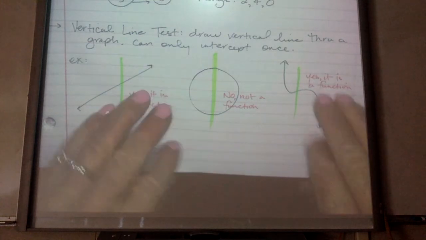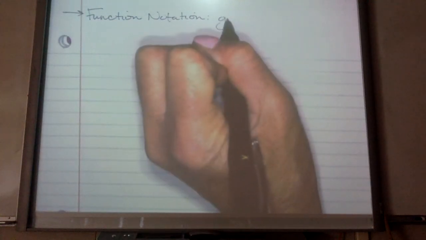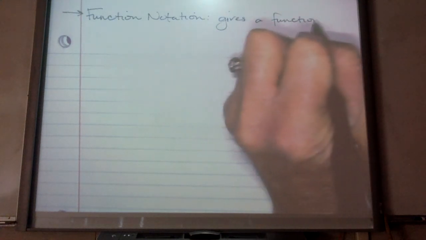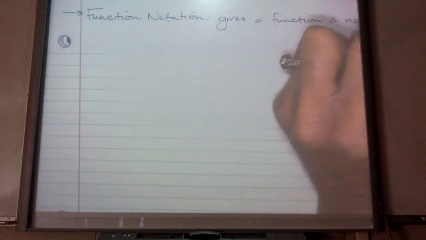And talking about domain and range. The last part of lesson 4 covers function notation. We need to be familiar with it and actually comfortable with it so you guys are not freaked out later by it. Function notation gives a function a name.